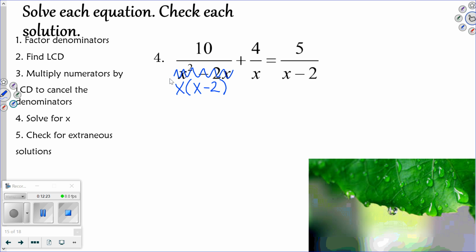What is the LCD? I need an x and I need an x minus 2. Yeah, because I can't cancel that x with an x minus 2 because x minus 2 is one piece. They're held together with that minus sign. So I need an x and an x minus 2. And we put that on everything.